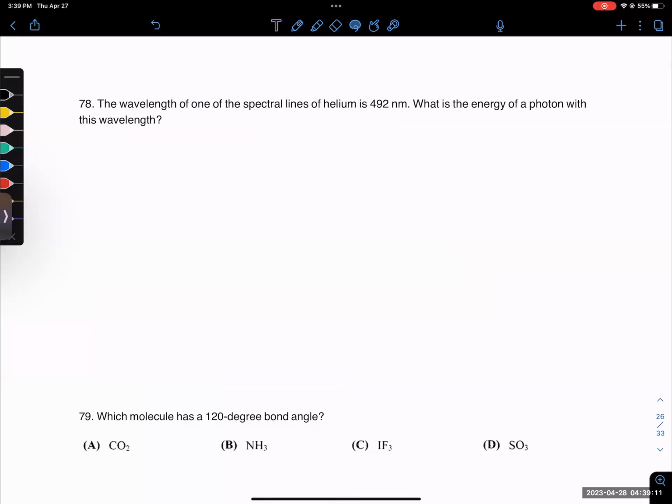Okay, the wavelength of one of the spectral lines of helium is 492 nanometers. What is the energy of a photon with this wavelength? There's really one equation that can be derived into another way, but there are 2 basic equations that relate the energy of a photon to its wavelength or its frequency. What are the equations?